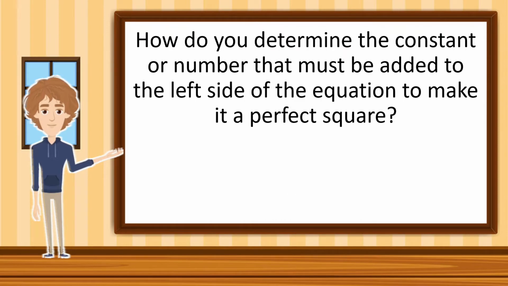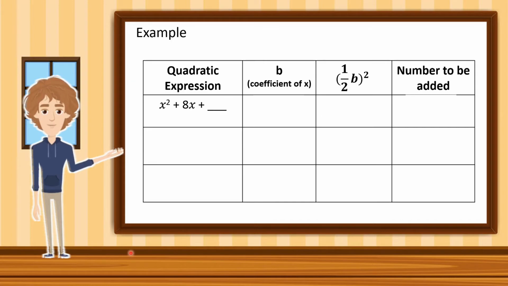So how do you determine the constant, or the number, that must be added to the left side of the equation to make it a perfect square? Here's how to do that. We have here a quadratic expression, x squared plus 8x plus blank, and we will find out what is the number to be added.